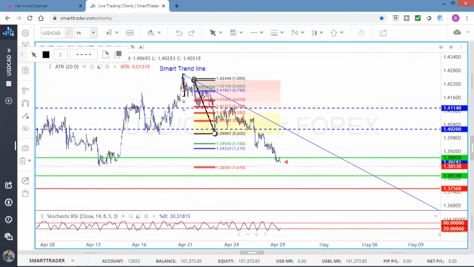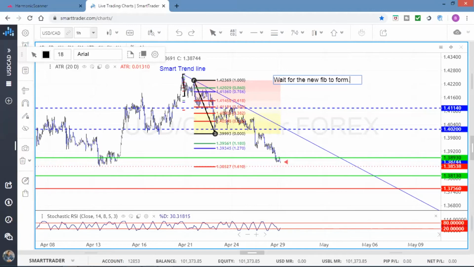This is just something I like to do because we already have the D extension from this fib marked. But ultimately, like we said, a new fib is going to form. So I always like to write a note to myself when I see these types of setups: we're going to wait for the new fib to form, because we're looking for that price to reverse.